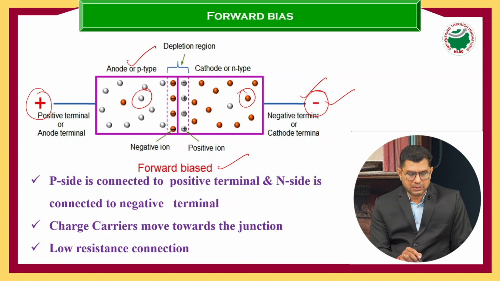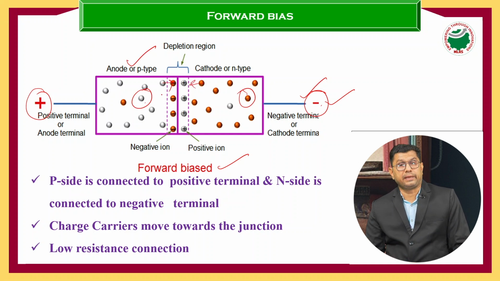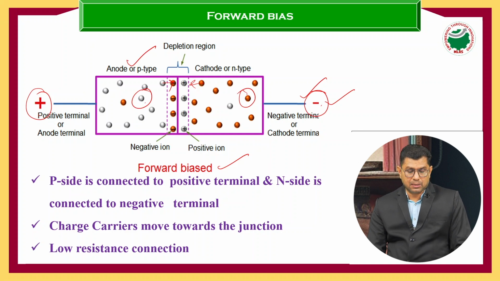Because of this repelling, the charge carriers move towards the junction. When the charge carriers move towards the junction, the width of the depletion layer decreases. That's why forward bias is a low resistance connection.